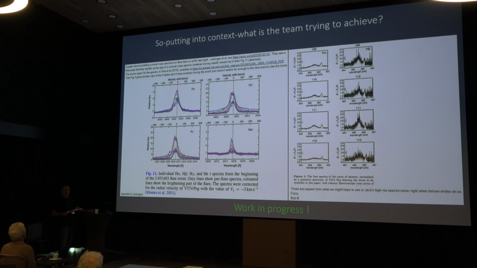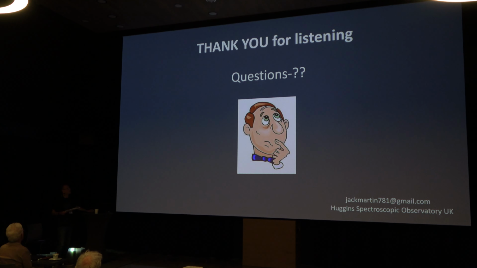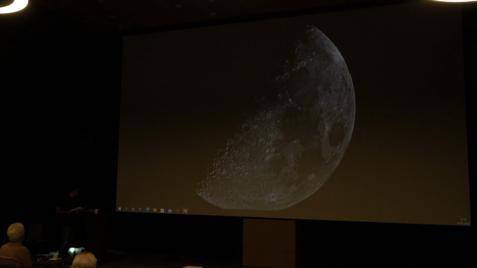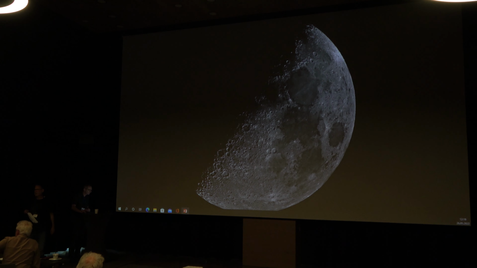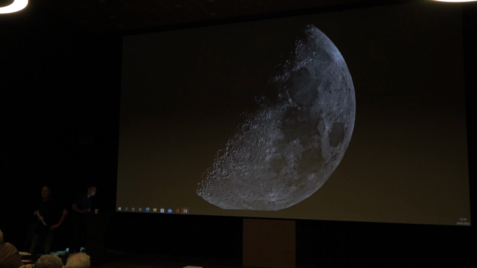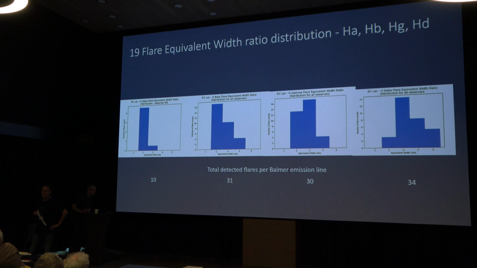How many of them did you observe in several lines at the same time? Sorry, what was the question? You showed that in H alpha, beta, delta, you observed 30 and 34. How many did you observe in the same line simultaneously?